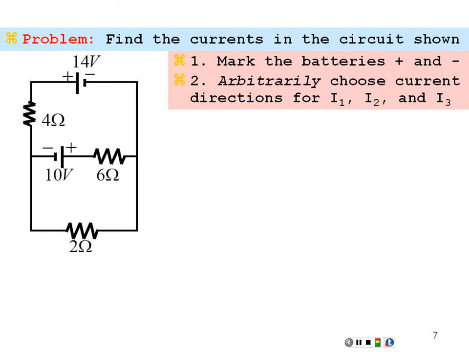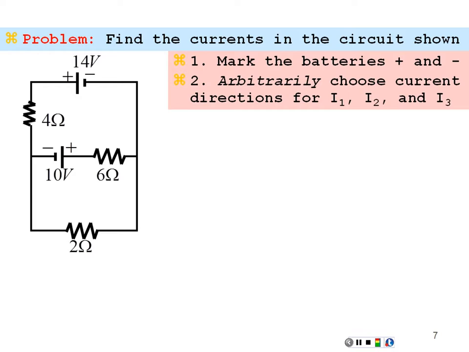The question is, I do have some intuition that I wish to use for this, especially for the branches that I have batteries in. I'm going to go with the orientation of my batteries as far as choosing my current directions. So because the 14 volts is oriented from right to left, and I want my current coming out of the positive end, then I'm going to have my current going counterclockwise in that first branch, the top branch.